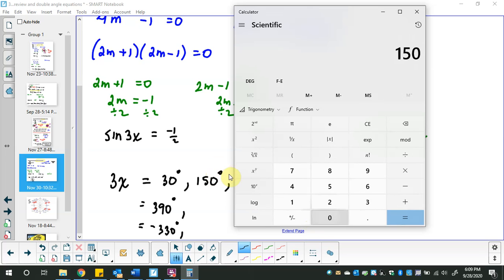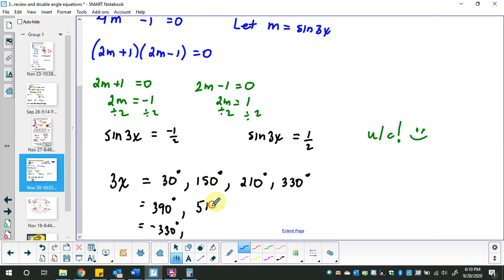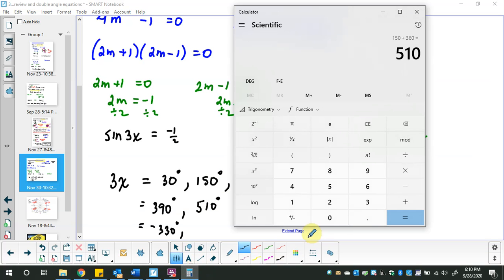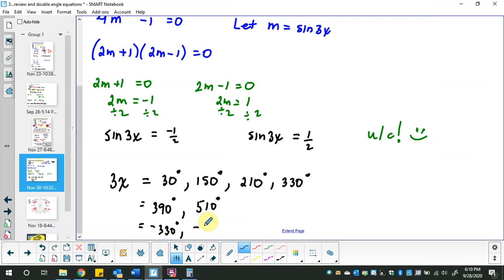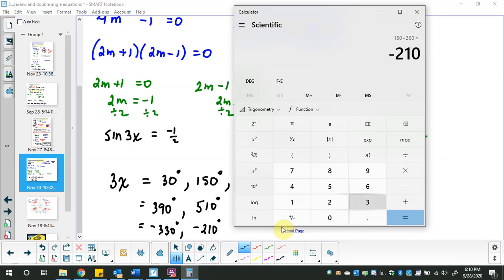So 150 plus another rotation. Still good. While that's on my calculator, add 360. See, I didn't even think about it. Yeah, that's outside. Start with 150, subtract 360. Yep, I'm good. Subtract another 360. Too big on the negative side.